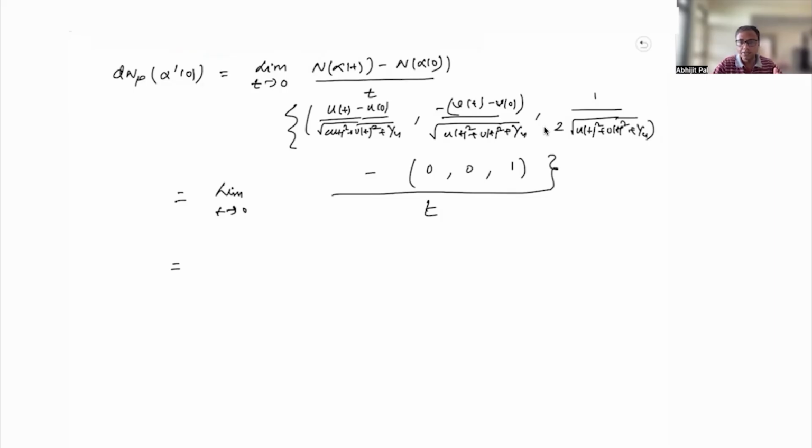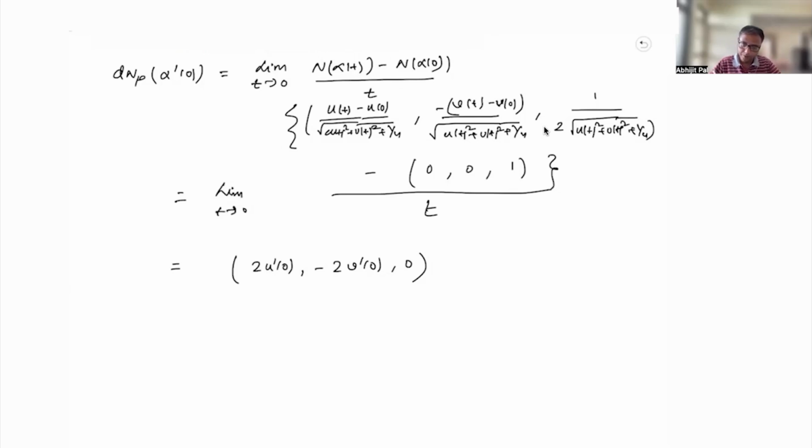Therefore this limit will be equal to (2u prime 0, minus 2v prime 0, 0).